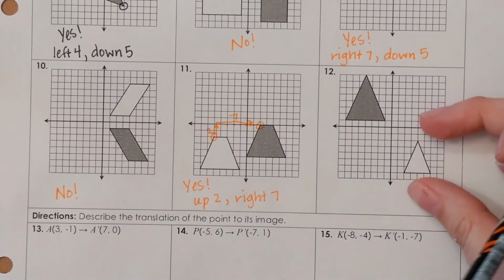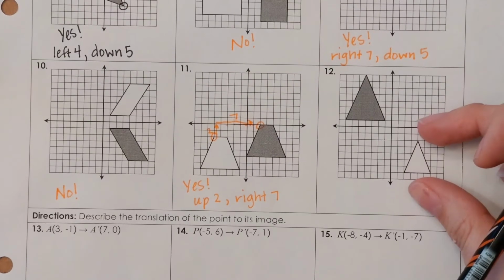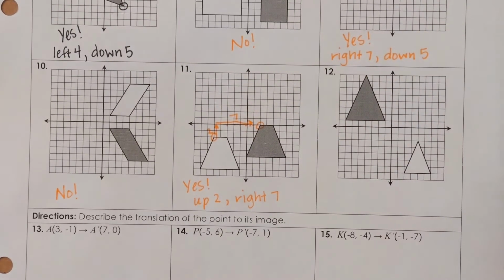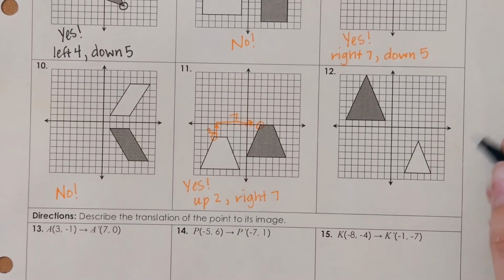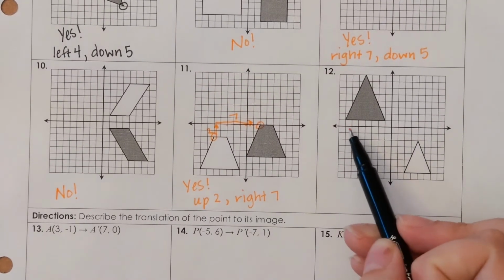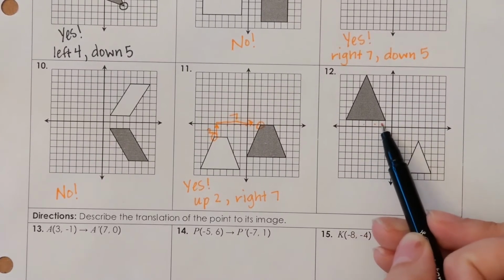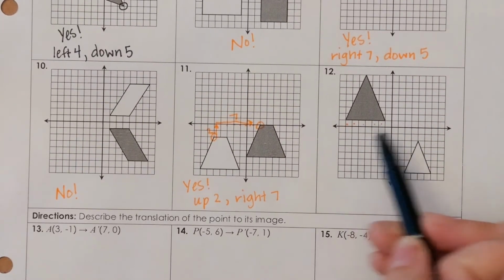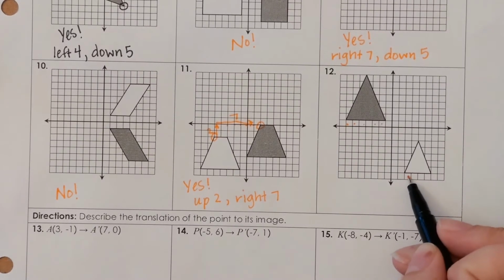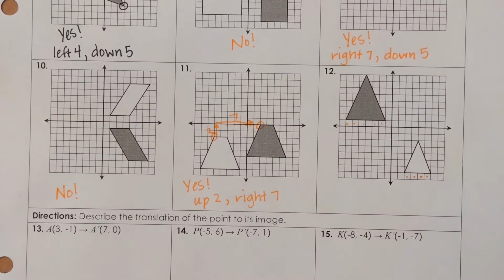Now I want you to look at number 12. Notice if we were to take this not shaded one and put it on top of the shaded one, they are not the same size. You can also look at the bottom of the shaded one. It covers 1, 2, 3, 4, 5, 6 of these squares, whereas down here this only covers 4.